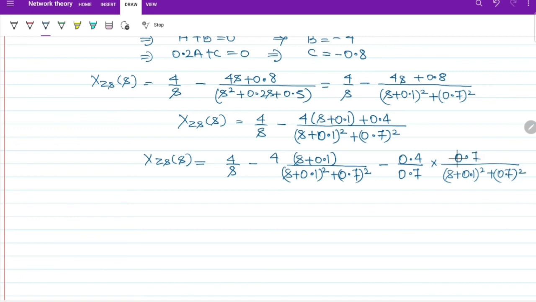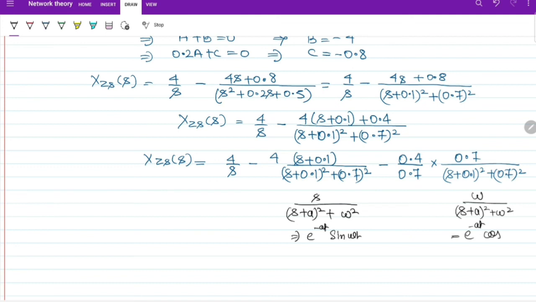This is in the form of omega divided by s plus a square plus omega square, and this is in the form of s plus a divided by s plus a square plus omega square. So this is nothing but e to the power minus at sine omega t, and this is e to the power minus at cos omega t, right?